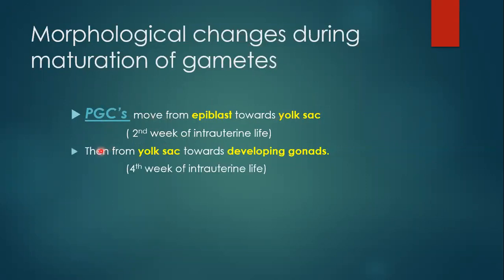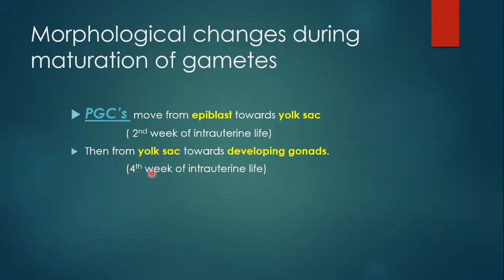Then from the yolk sac, these primordial germ cells move towards the developing gonads, right? That area which is in future forming the gonads of this female, the future ovaries. The primordial germ cells move from this yolk sac towards the area where the gonads are going to be developed.